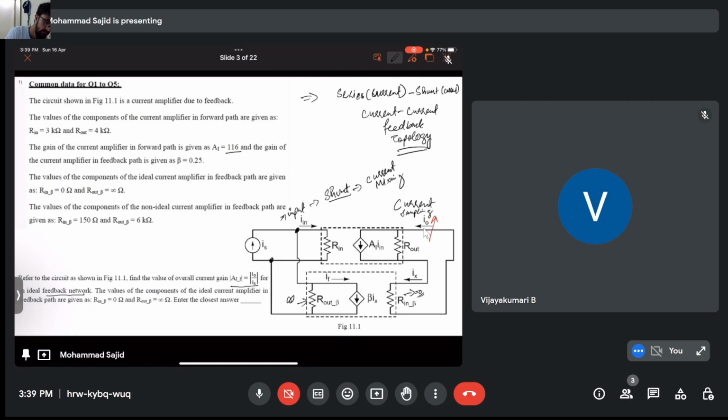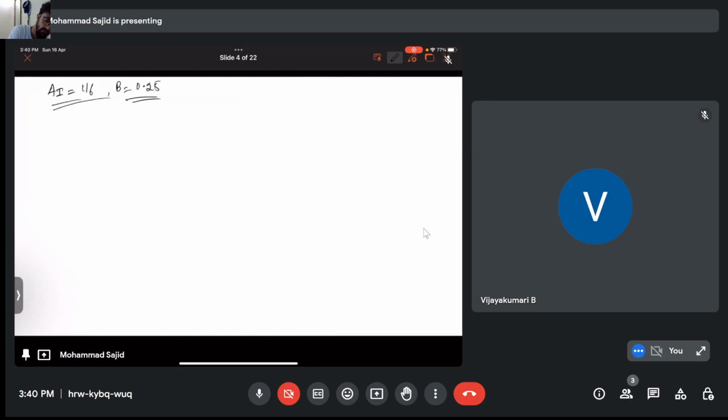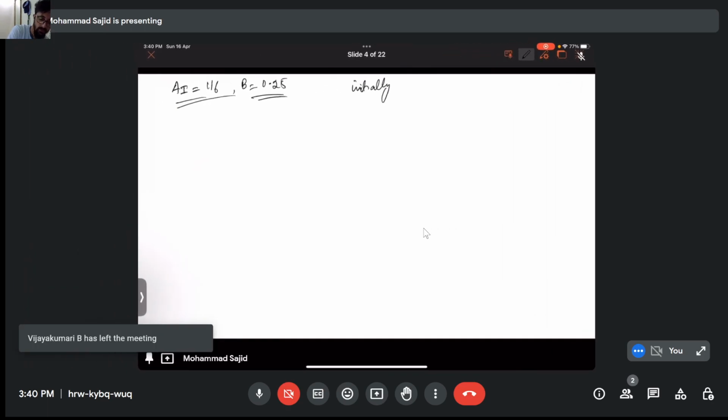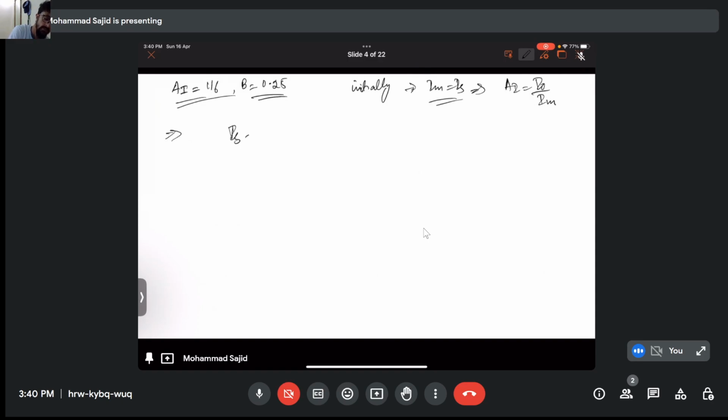We can start from this node. Is is the total input current. Now it will be distributed in two, In and If. Initially it was only In, and your gain was I out by In. Now In was Is. Now your Is is distributed in In plus If, right?